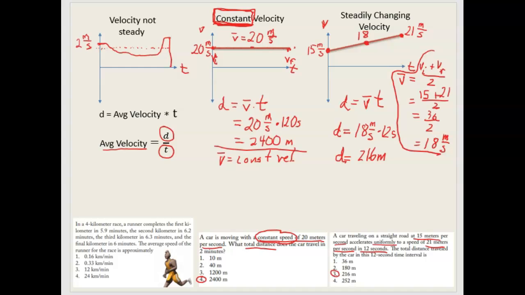If you're given a constant velocity or constant speed problem, as soon as they say constant velocity or constant speed, you should be saying, aha, they just told me the average speed or the average velocity. And the third situation is a steadily changing speed, or steadily changing velocity. In that situation, when you're uniformly increasing your velocity or speed or uniformly decreasing your velocity or speed, the midpoint is the average velocity. Okay?